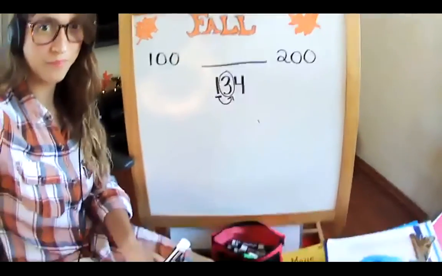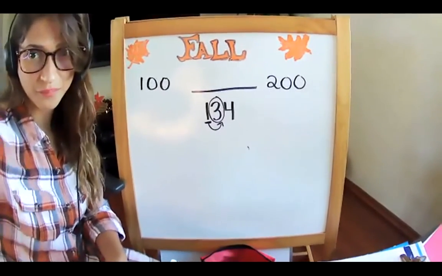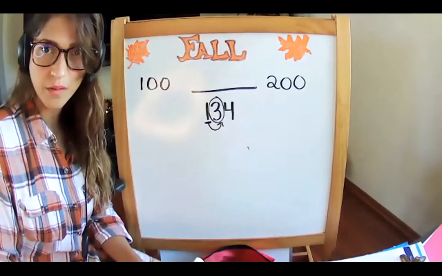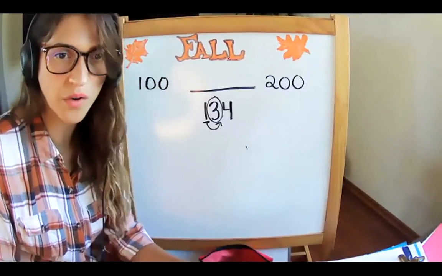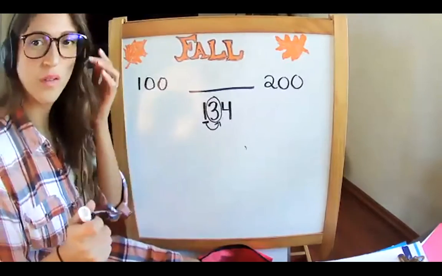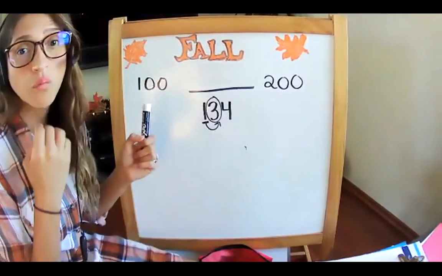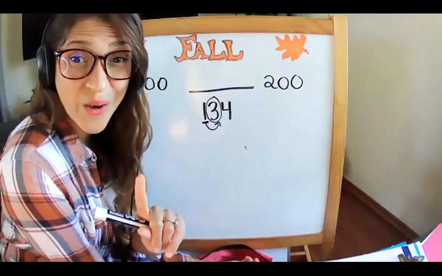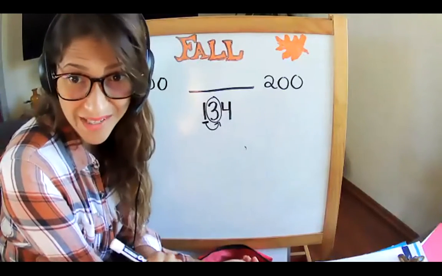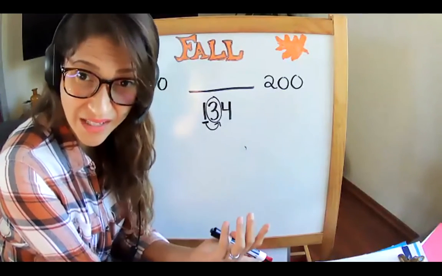Wait, Miss Velez, why can't you round it to 130 or 135? Was it 135, not 134? It was 134. Yeah, but why can't you round it to 135 or 130? What about 150? Well, we're trying to pick numbers that are easy for us to estimate.